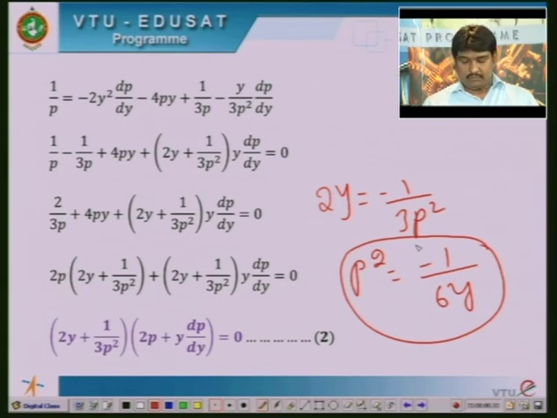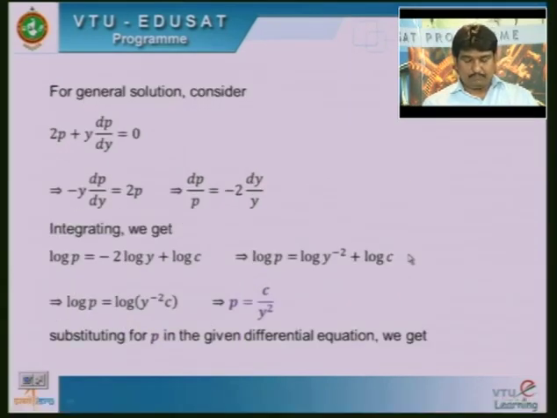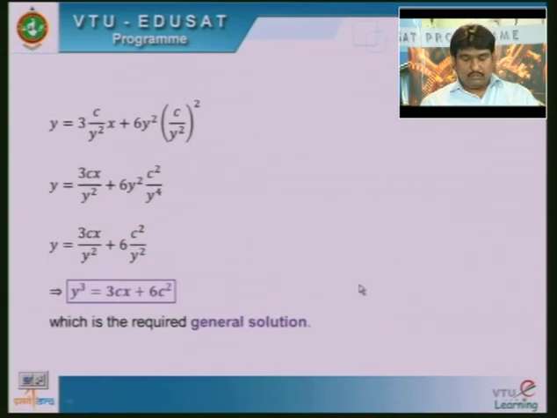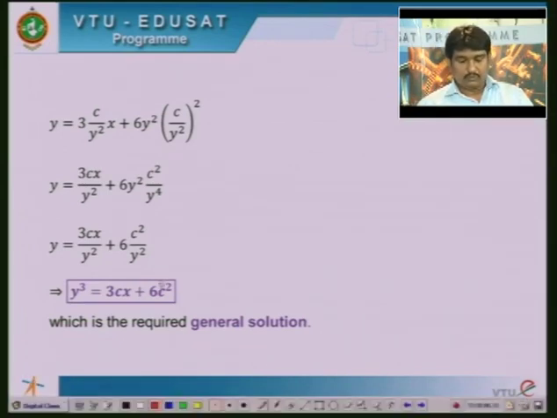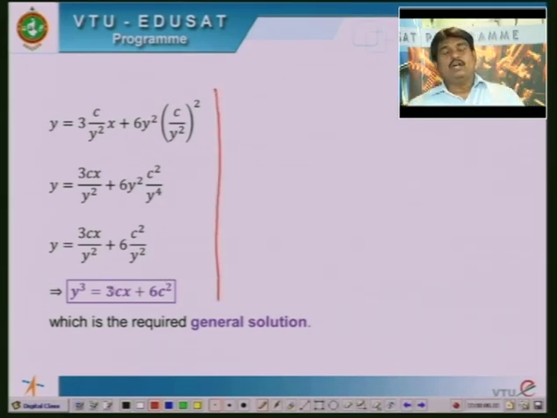It is from the general solution. The general solution of the differential equation is y cube equals 3cx plus 6c square. Now, if the singular solution is asked, you have to differentiate this equation with respect to c, treating x and y as constant.